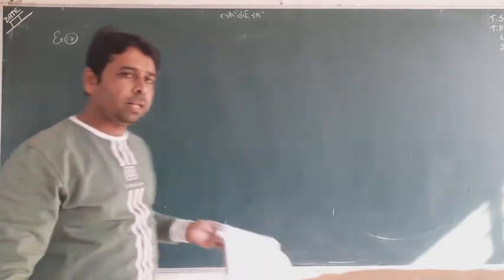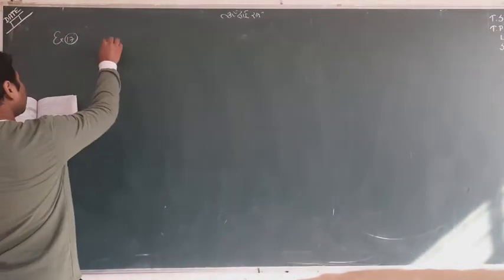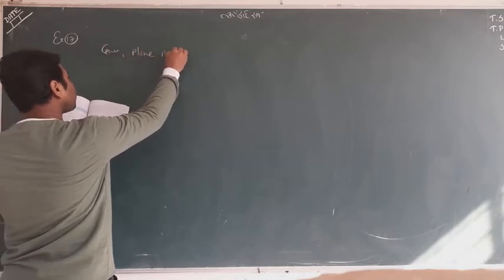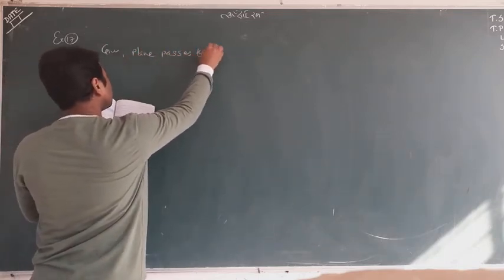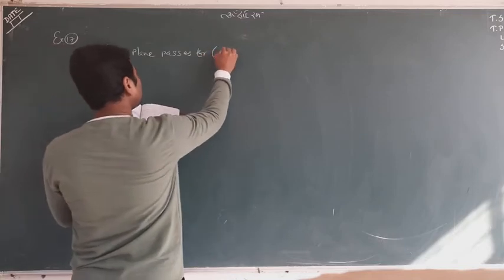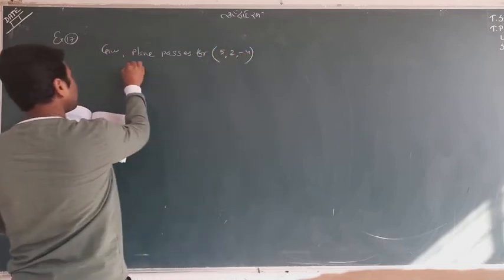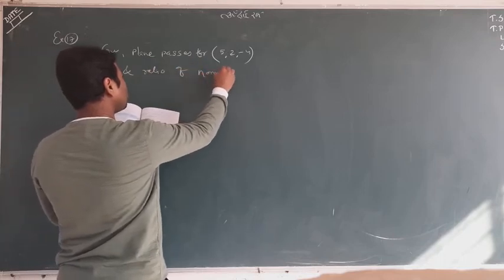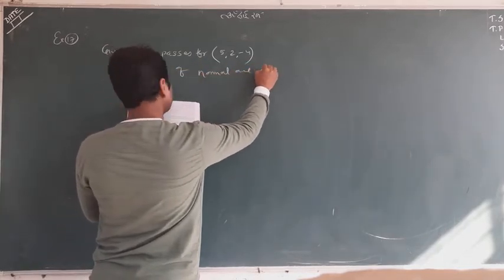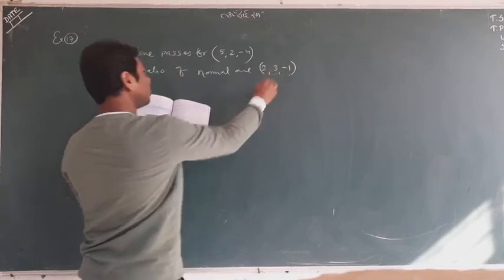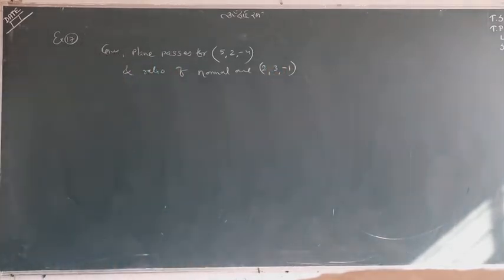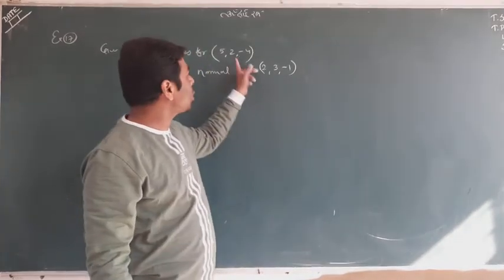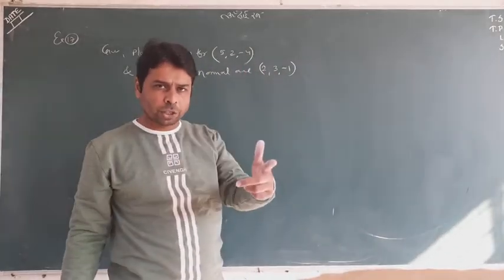Given that the plane passes through the point (5, 2, -4) and the ratios of the normal are given as 2, 3 and -1, and we want to find both equations. Because Cartesian is given, first we'll find the Cartesian equation.